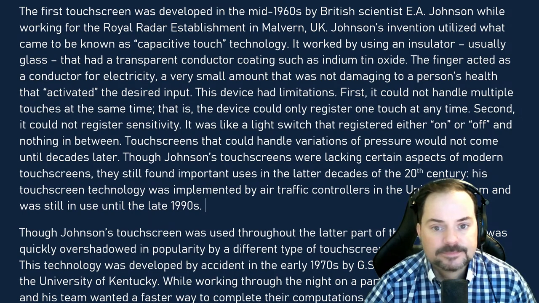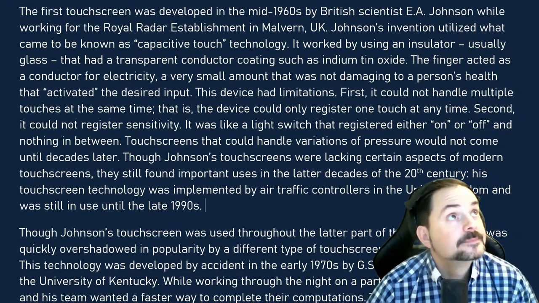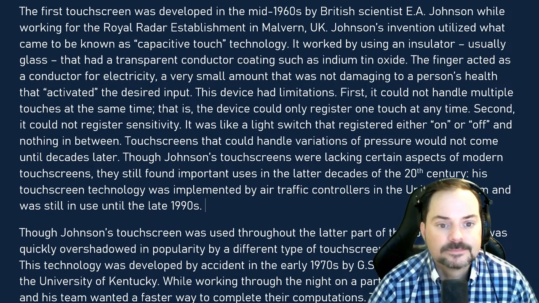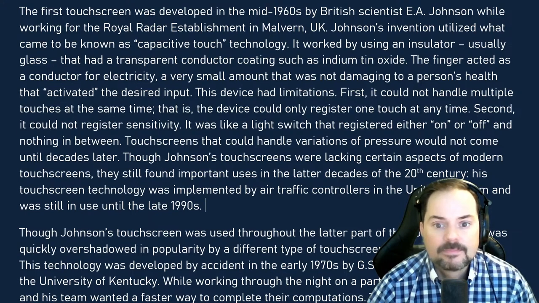Johnson's invention utilized what came to be known as capacitive touch technology. It worked by using an insulator, usually glass, that had a transparent conductor coating such as indium tin oxide. The finger acted as a conductor for electricity, a very small amount that was not damaging to a person's health, that activated the desired input.